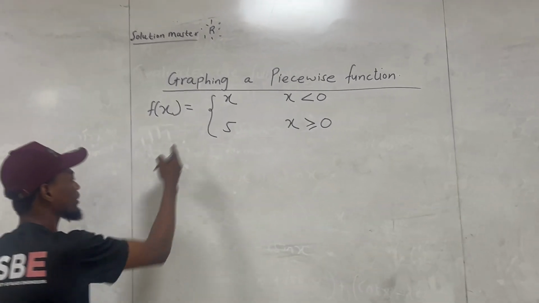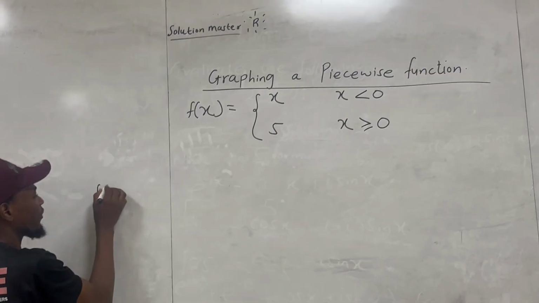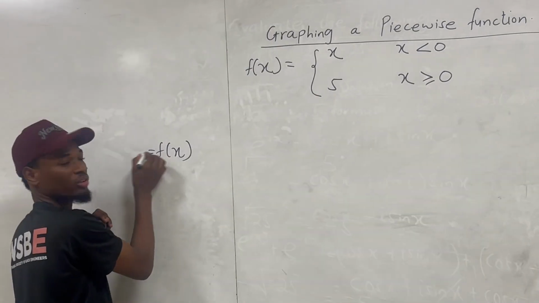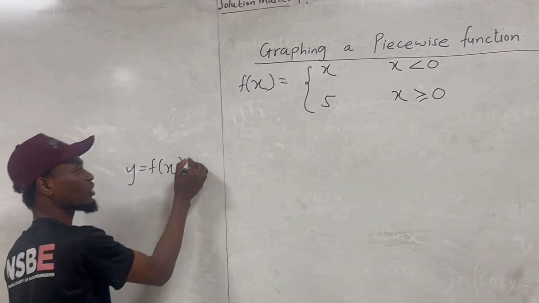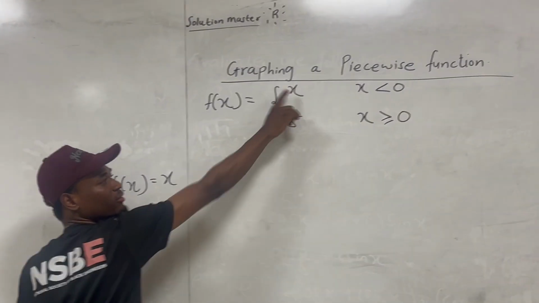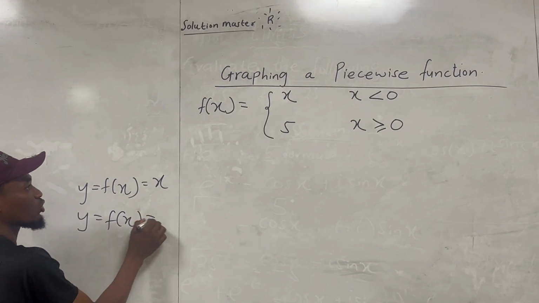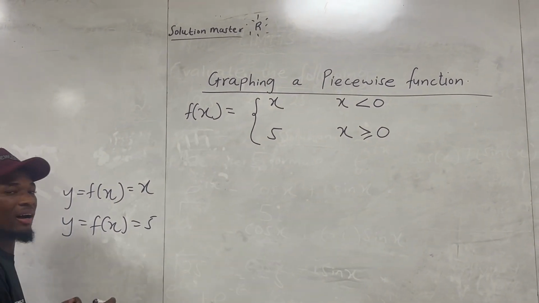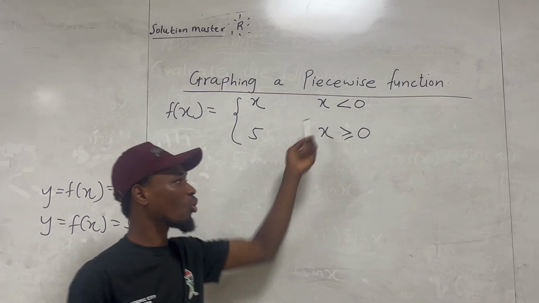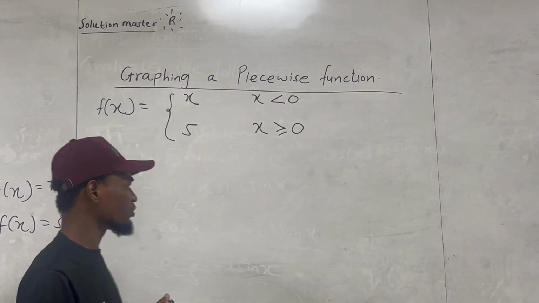So we already know that. I can say that f of x is the same as y, which is equal to x. I can also say that y is equal to f of x, which is equal to 5, under this condition.